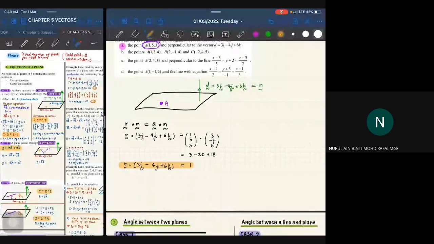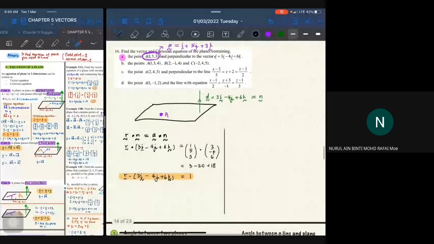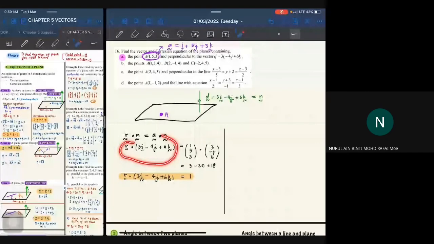Okay, so what about for parametric equation? Sorry, not parametric, it's Cartesian equation. Okay, so what about Cartesian equation? So kita akan tukarkan bentuk ini on left hand side over here into column matrix.